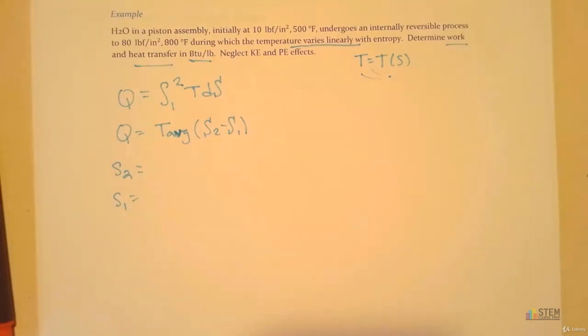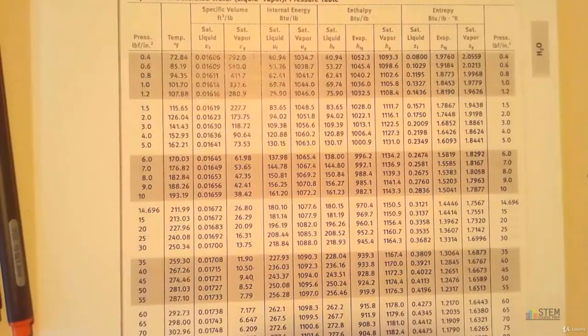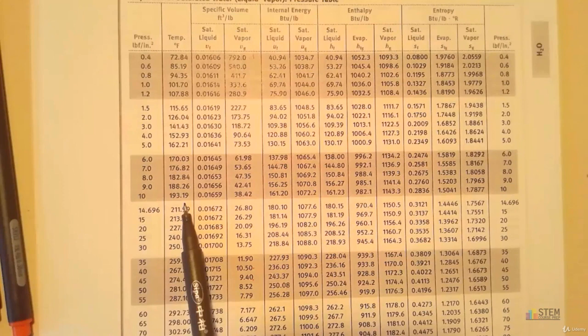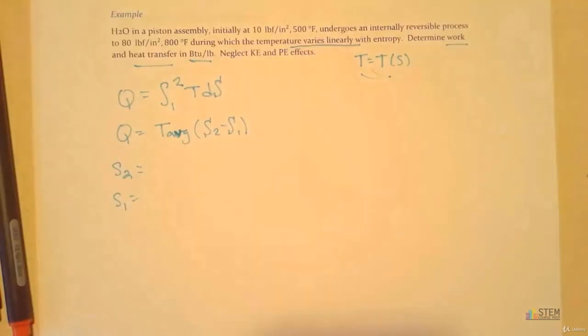Initially our pressure is 10 psi and our temperature is 500. Alright, so here is 10. Saturation temperature is 193.19. Our temperature is 500, so what does that tell us? We need to go to a different table. That's what that tells us. So we need to go to the superheated vapor table.